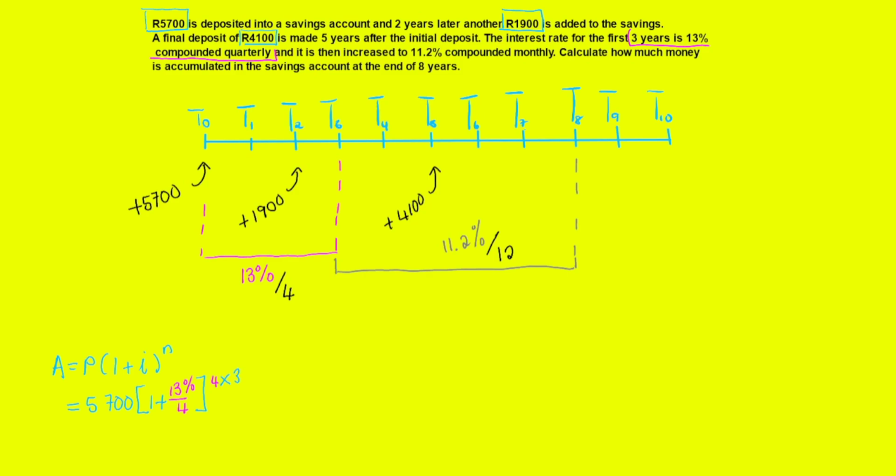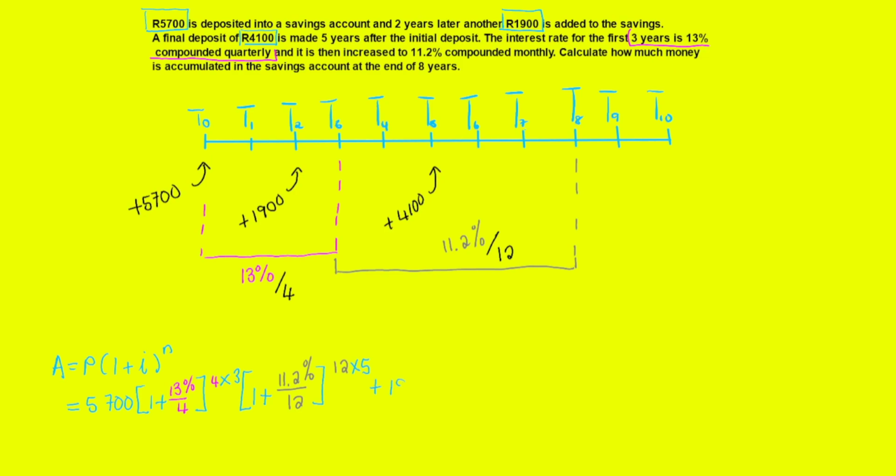It was then changed. Once it's changed, the only thing you have to do is just multiply the first interest rate with the new one. So it changed to 11.2% compounded monthly. So you divide by 12 and then you raise it to the power of 12. For how many years? Well, for the remaining years, which is 5 years.